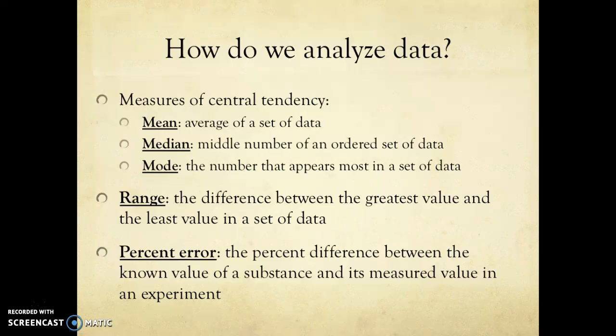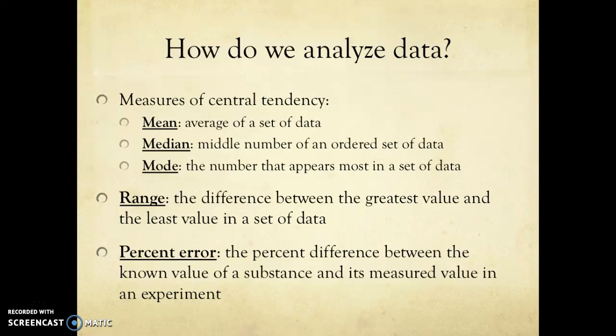So how do we analyze data? Anytime we collect data, we need to look at it in order to figure out our conclusions. We need to answer the question that our experiment is on. So a few ways we analyze data. We use a few things called the measures of central tendency, and that's the mean, median, and mode.